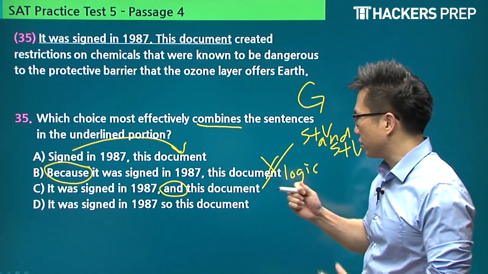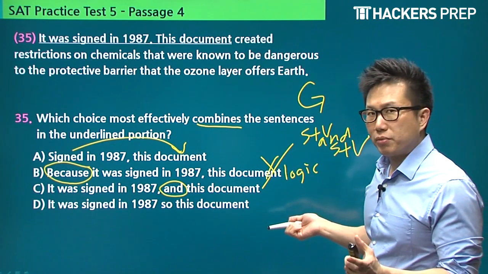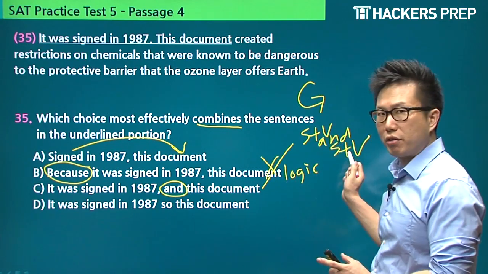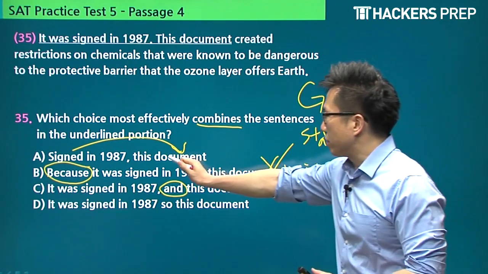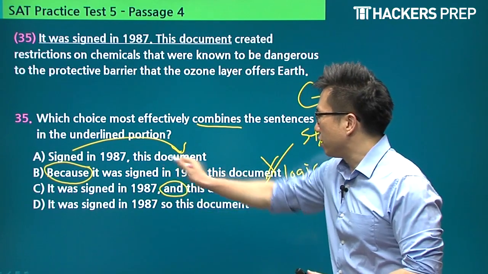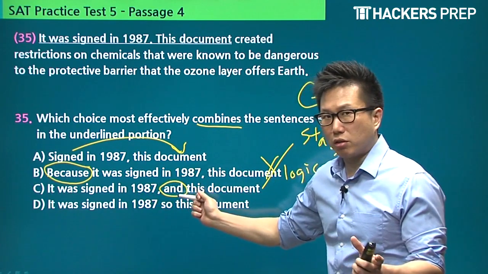There's a problem here because this is unnecessarily wordy. The ideas are separated, but this is not very efficient. If you look at A, this is much more efficient, right? You have signed in 1987, and it eliminates the need to have another independent clause.